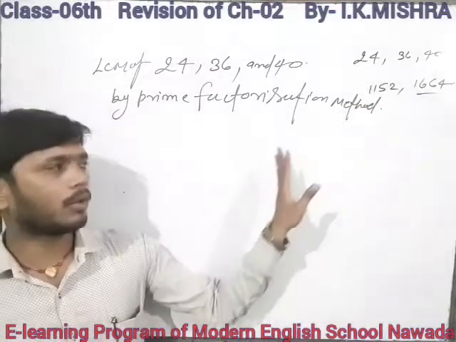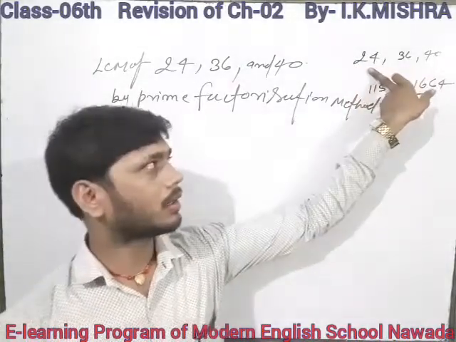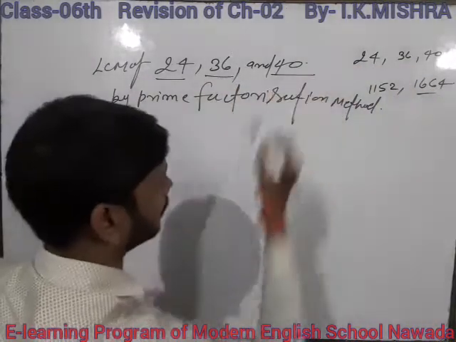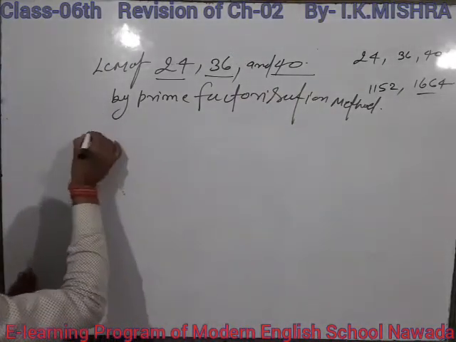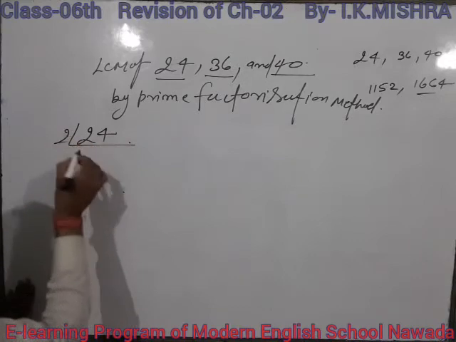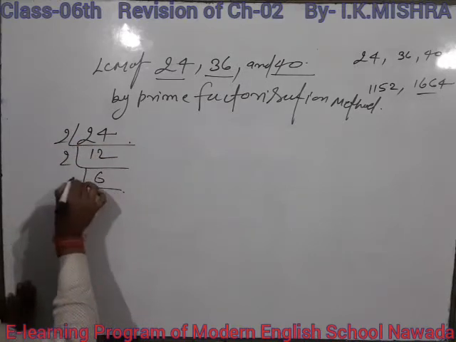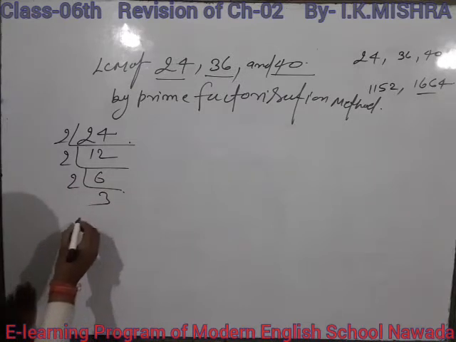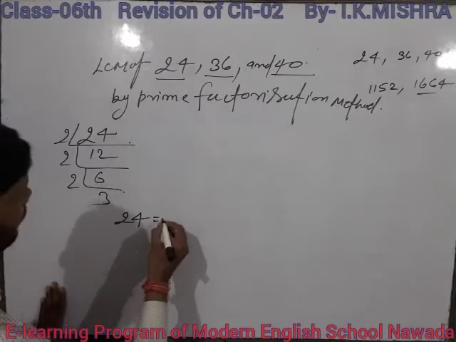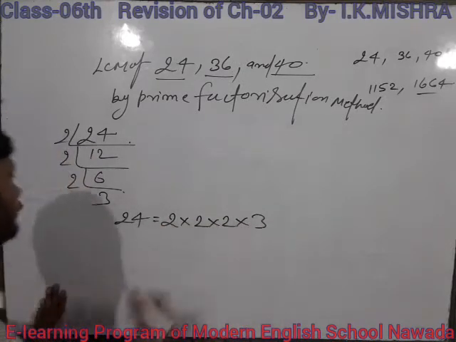So students, first of all find the prime factors of all of these: 24, 36 and 40. Factorize 24 by 2: 12, 2, 6, 3. That means you can write 24 is equal to 2 into 2 into 2 into 3.